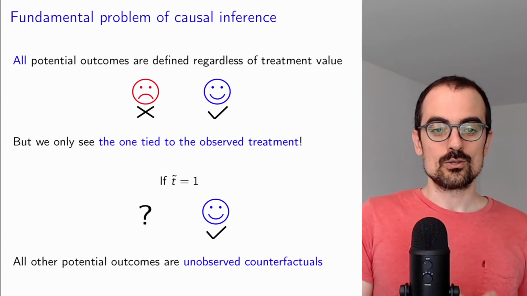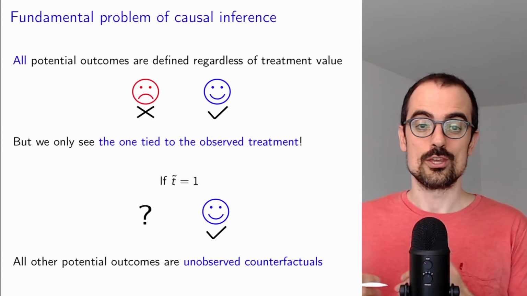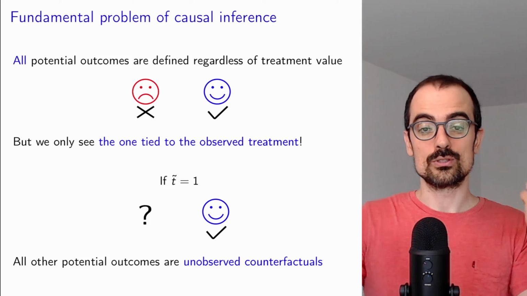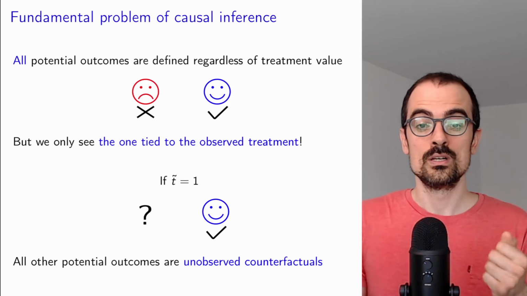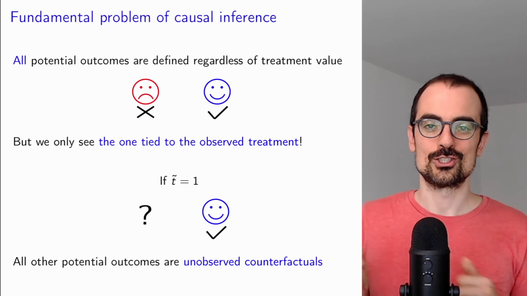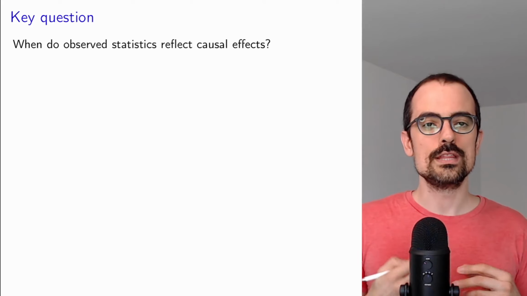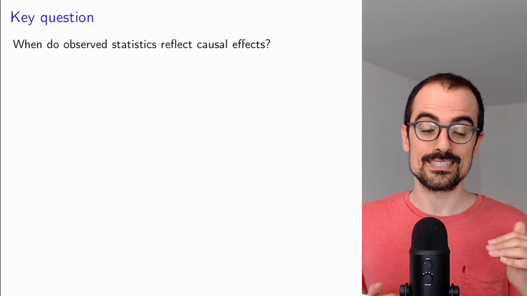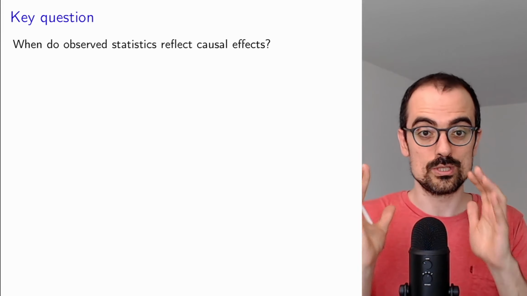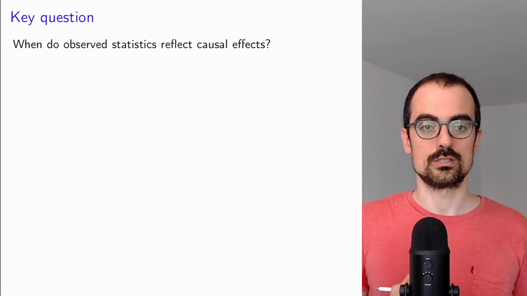All other potential outcomes that are not associated with the observed treatment are unobserved counterfactuals, because they are counter to factual reality. They are not observed. So here the key question is, when do the observed statistics based on the data that we actually get to see reflect causal effects?